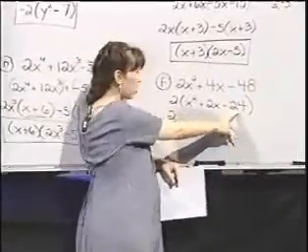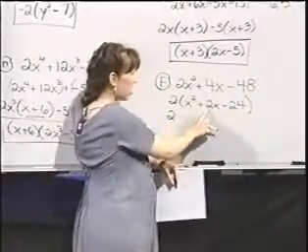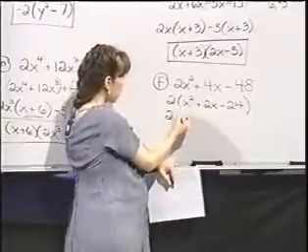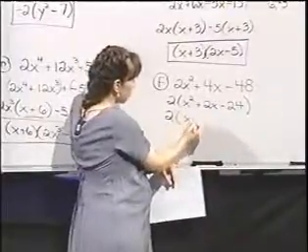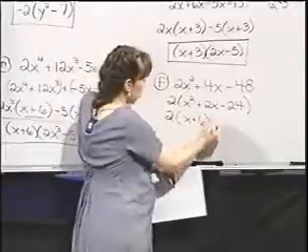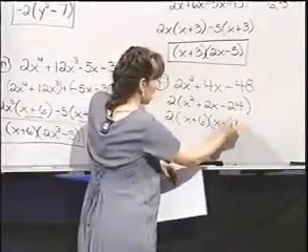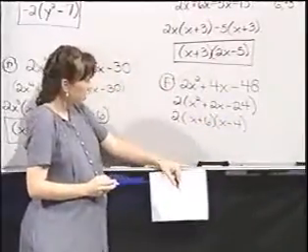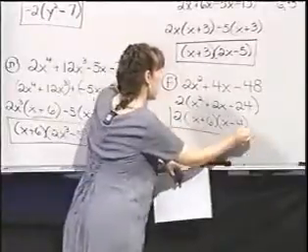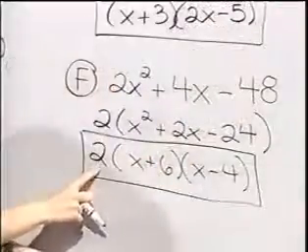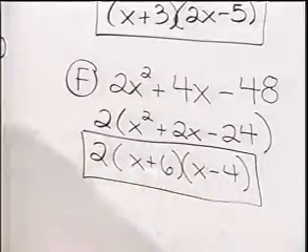Two numbers that multiply to negative 24, but add to 2. What do you say? Let's say x plus 6 and x minus 4, or in other words, x minus 4 times x plus 6. So your final result, don't forget the 2, should be 2 times x plus 6 times x minus 4.